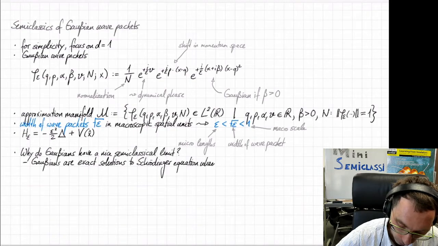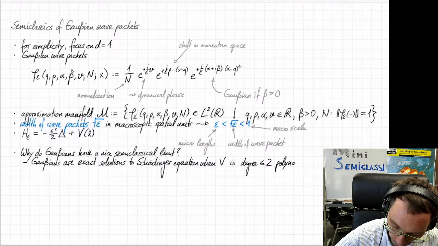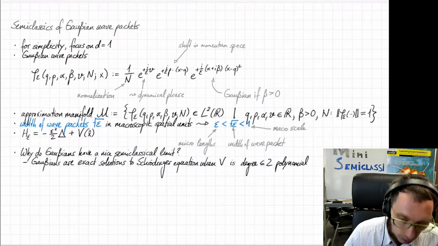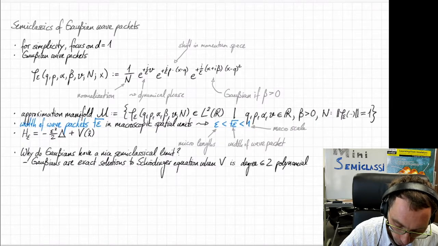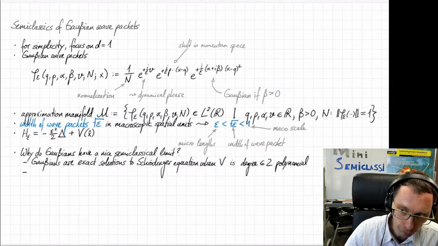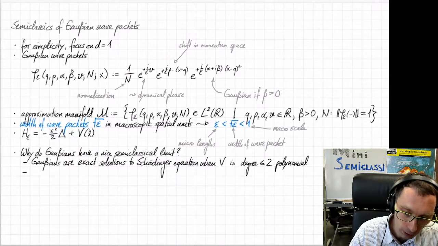So when V is a polynomial of degree less than or equal to two. And now all we need to do is, if we're confronted with a generic potential that is regular enough.